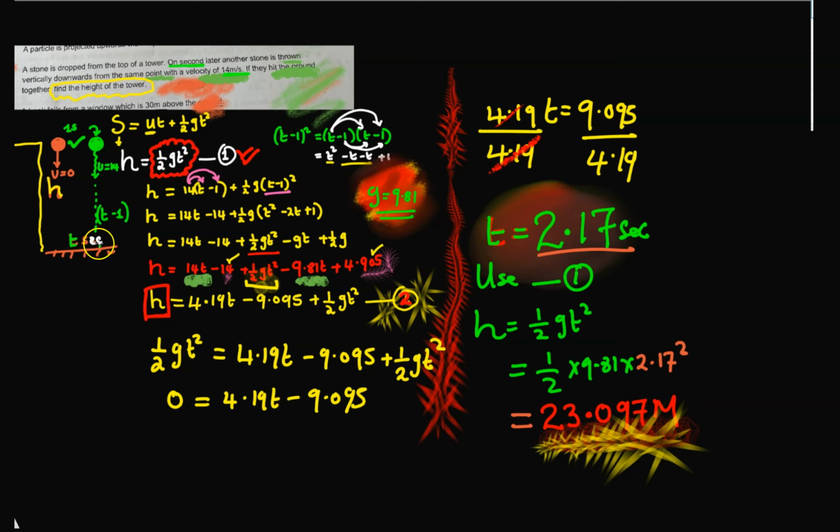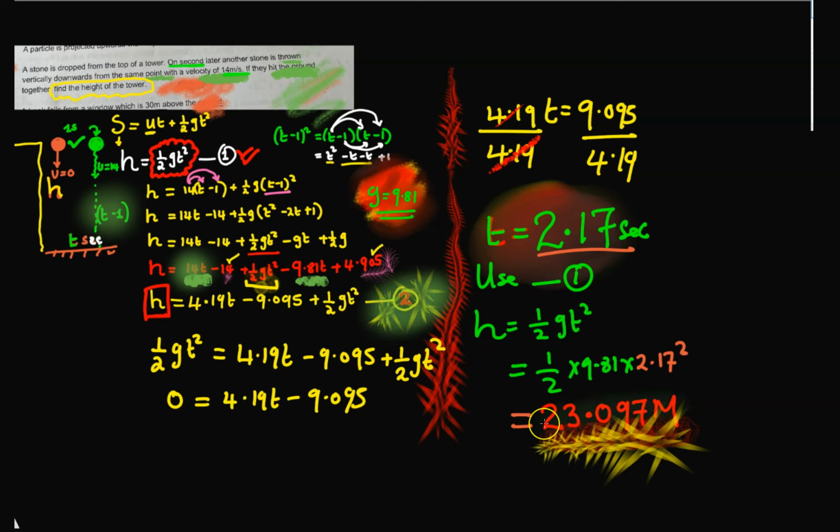Now, using the time that we have here, together with the information that is provided, we went ahead to form another equation using this time t, but the initial velocity of the second ball was 14. That's why you can see I was able to substitute that in order to get the second equation that we have here.